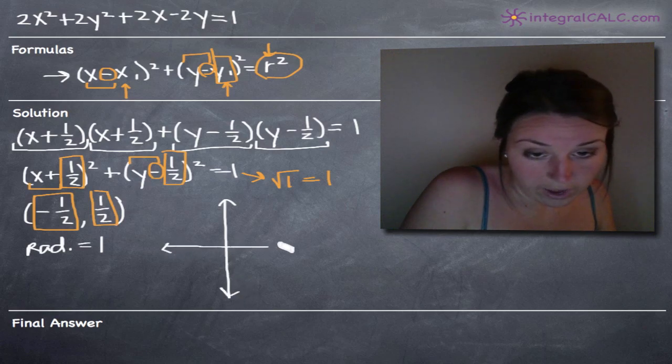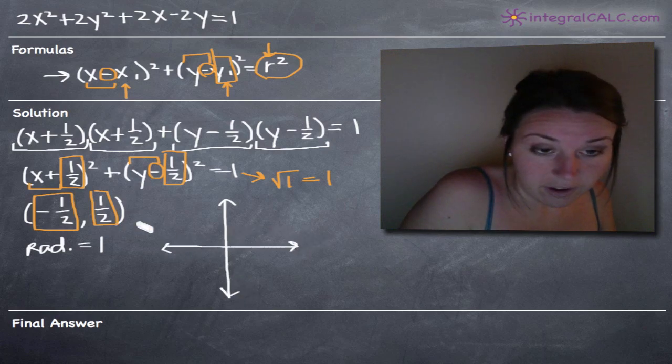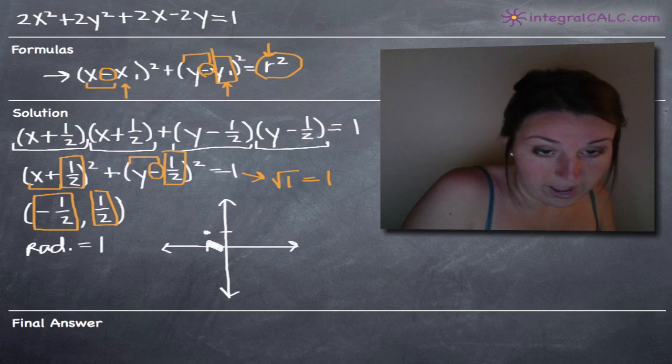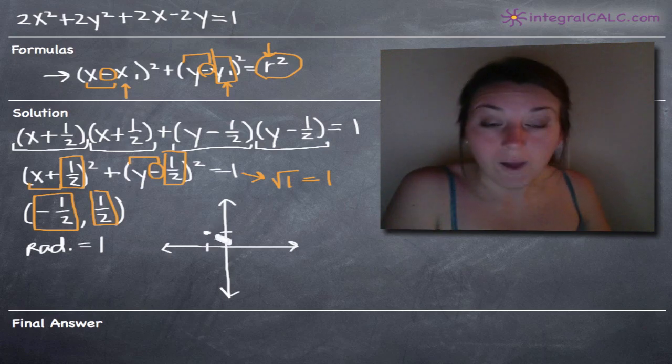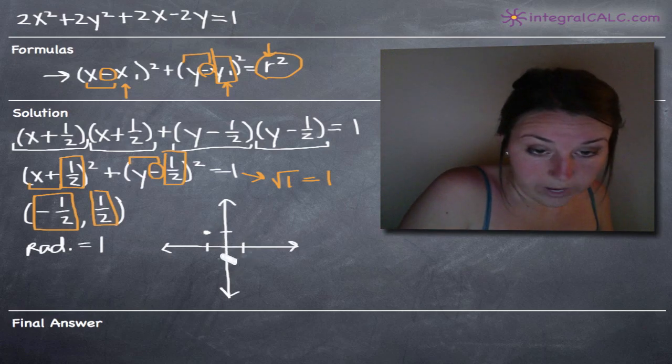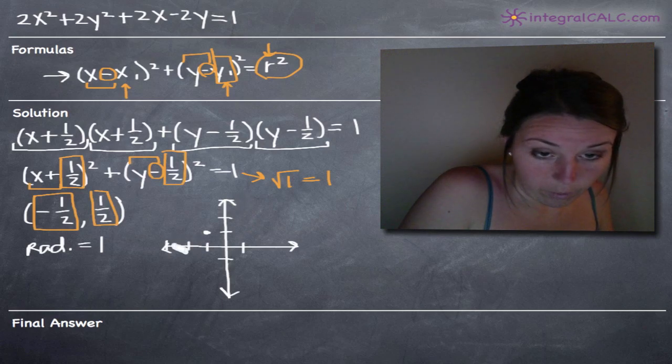So we'll just draw our coordinate axes, and let's see, our center is at negative 1/2, positive 1/2. So let's call this increments of 1/2. We're going to go negative 1/2 on the x-axis, positive 1/2 on the y-axis. That is the center of our circle. But then our radius is going to be 1.